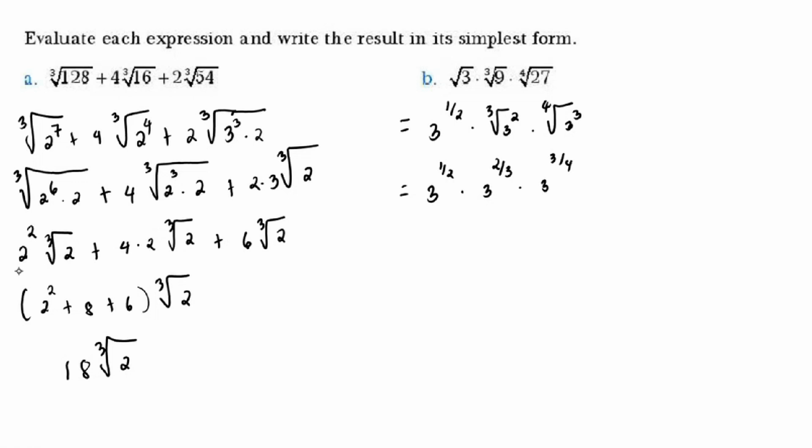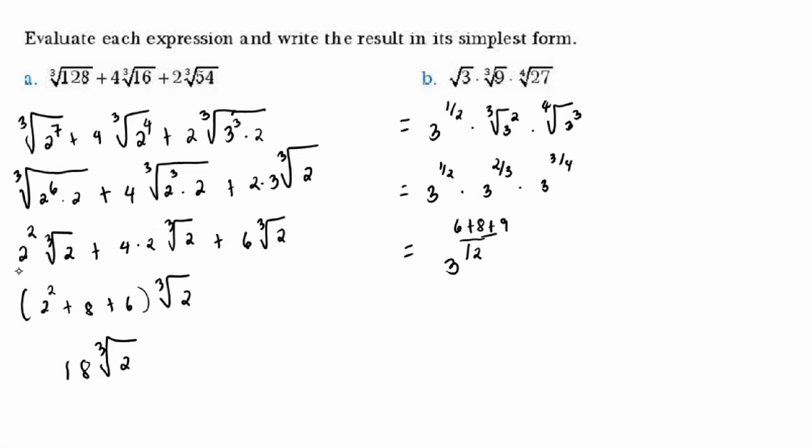Now, I have the same bases. Then, I will write in a single form. And that is now 3. And then I'm going to find the LCD between the denominators of 2, 3, and 4, which is now 12. So 12 divided by 2 is 6 times 1 is 6, plus 12 divided by 3 is 4 times 2 is 8, plus 12 divided by 4 is 3 times 3 is 9.